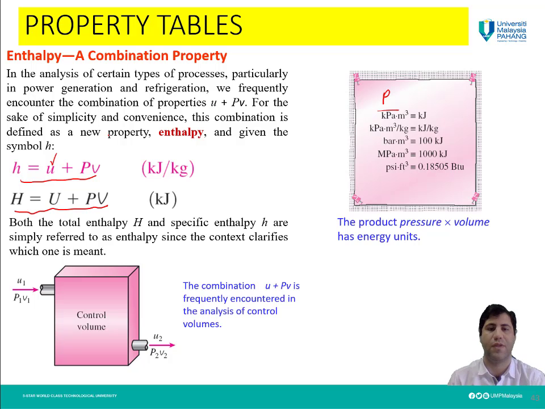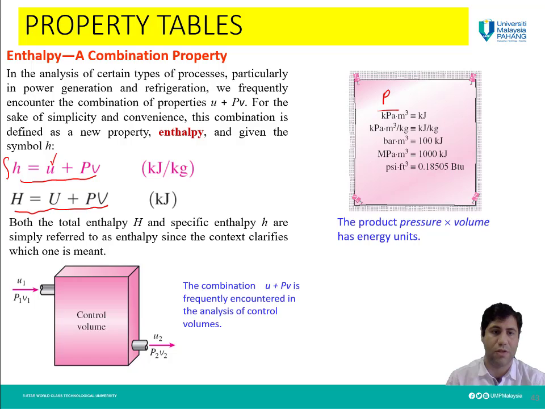This enthalpy is actually the combination of U, P, and V, which are very important properties of the material, and usually we need those properties to calculate different things which we are interested in knowing about that system.